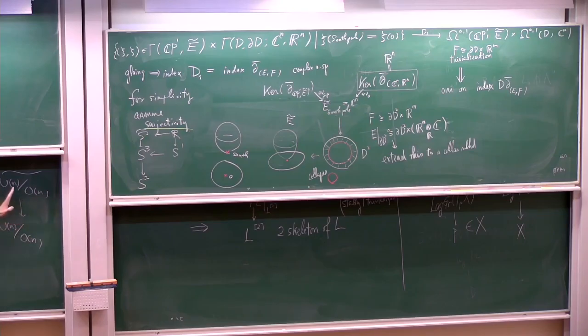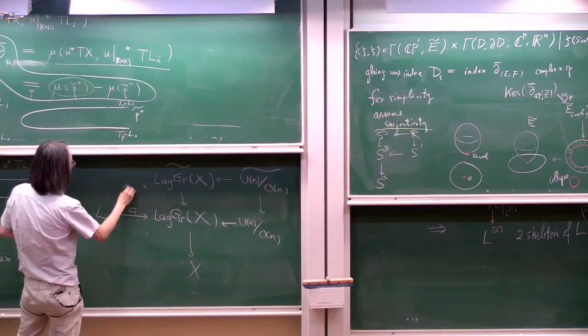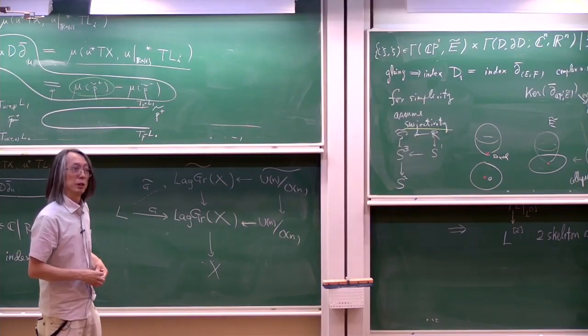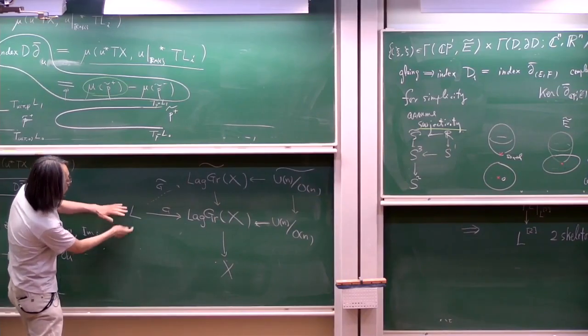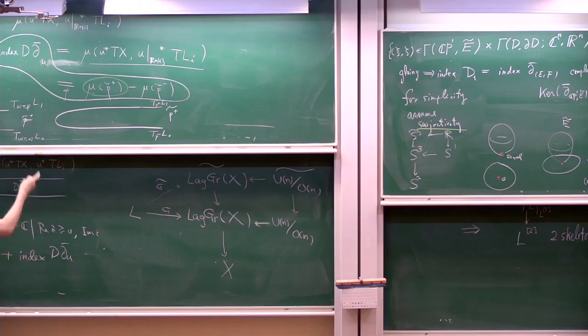So in general, maybe we can discuss it later. Once you have such a structure, then what you're talking about is whether this Gauss map can be lifted to here or not, and this is what you call the grading structure, right? And once you have this grading structure and two Lagrangians, you can consider this lift, and from there you can also define this index.